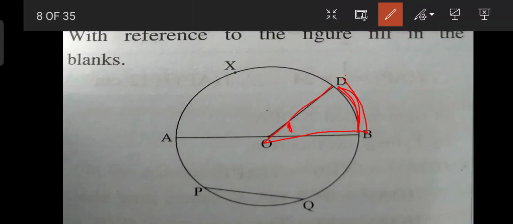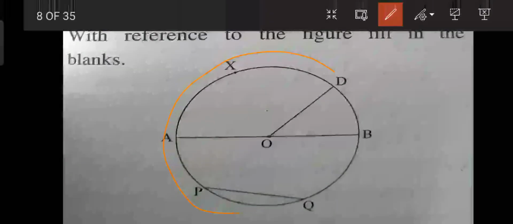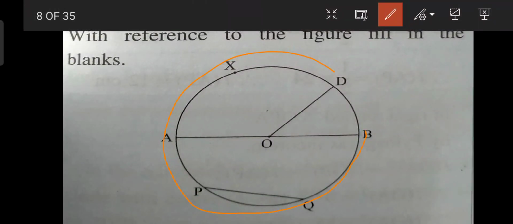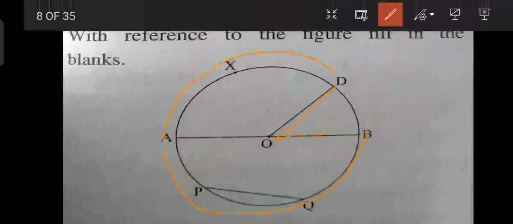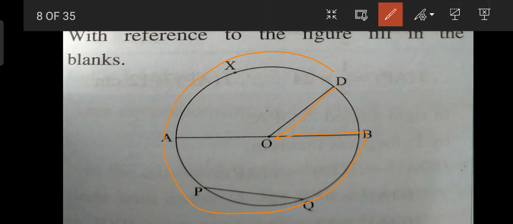Similarly, the next question is the measure of arc DAB. Here we are talking about this particular arc, DAB, so only this much part is there. You can see this is a whole circle. So what is the measurement of the circle, students? It is 360 degrees. So how can we find the measure of arc DAB? We remove this much part and we can measure the whole DAB arc.